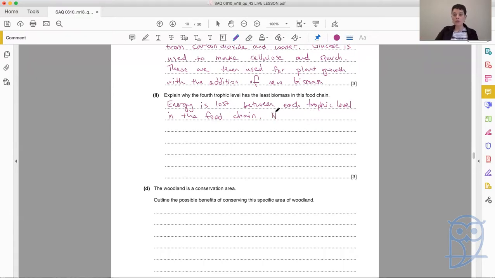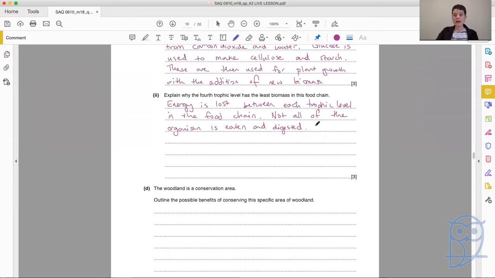So not all of the organism is eaten, and even worse than that, even if the zebra does eat most of the grass, not all of that grass is digested. And in order for the energy to be transferred from every piece of the organism, you would have to fully digest that entire organism. So that's not going to happen.